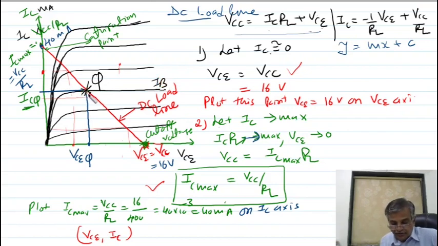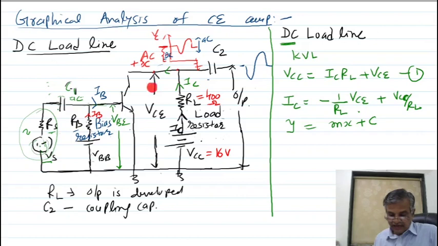So therefore, here I have written VCEQ, and here I have written ICQ. Q indicates you are talking about a DC current when AC input is not applied. At that time this much ICQ is passing, and this is the VCEQ voltage.